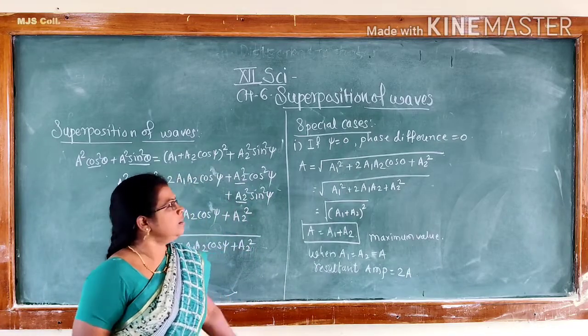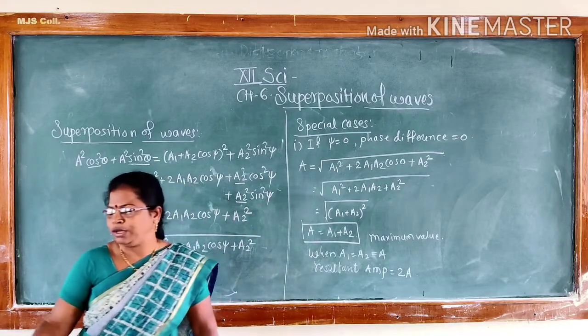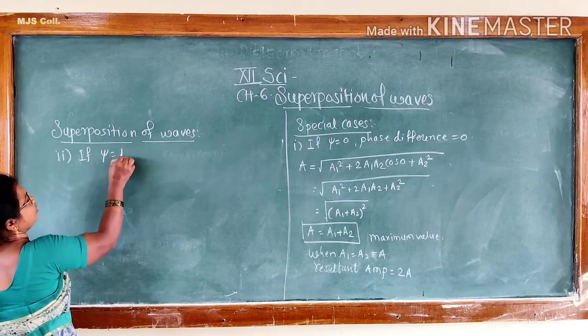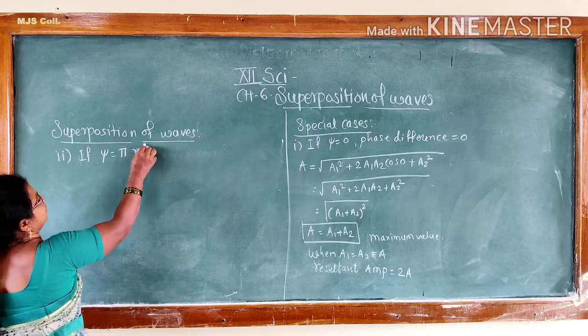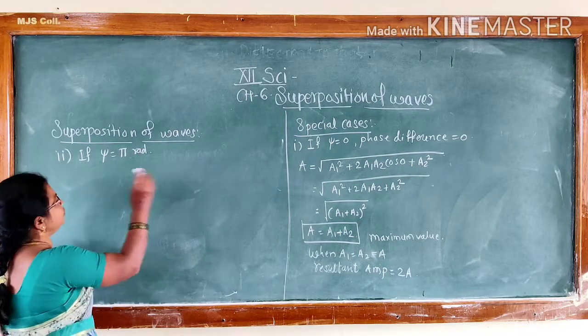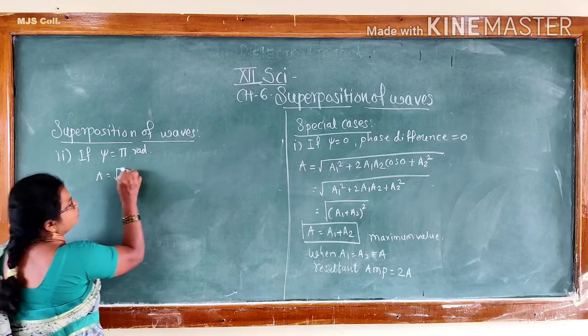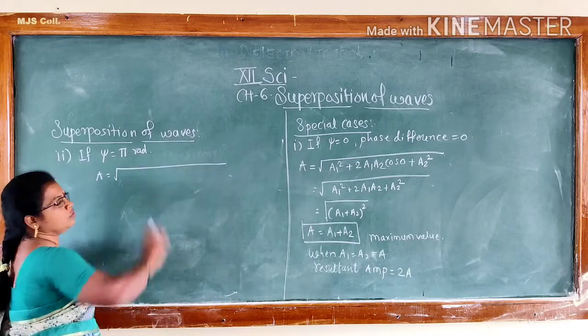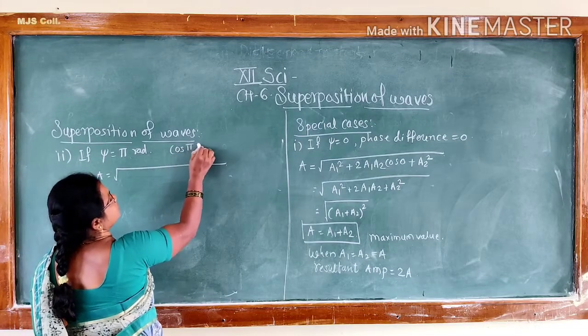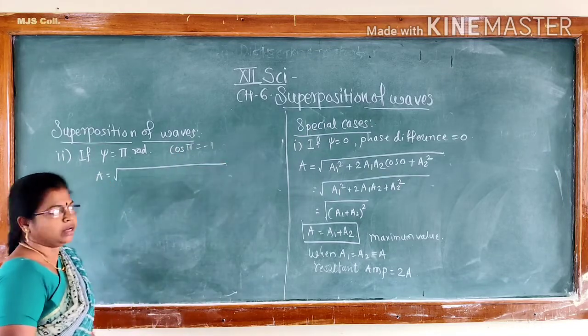Then the second one, if psi is equal to pi, right? Then what is the value of the resultant amplitude? That is A is equal to square root of, since psi is equal to pi, cos of pi is equal to minus 1.